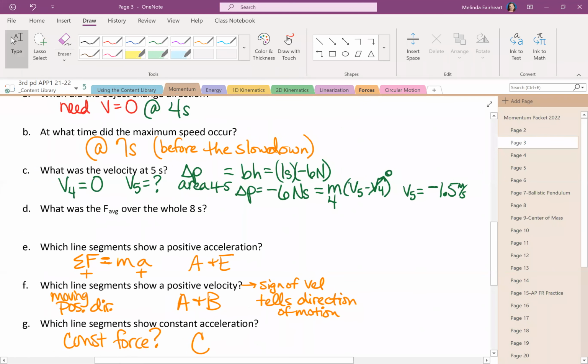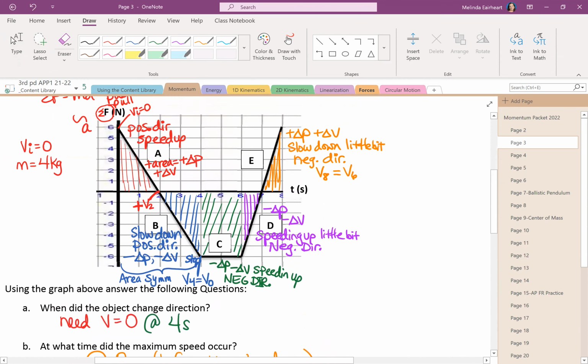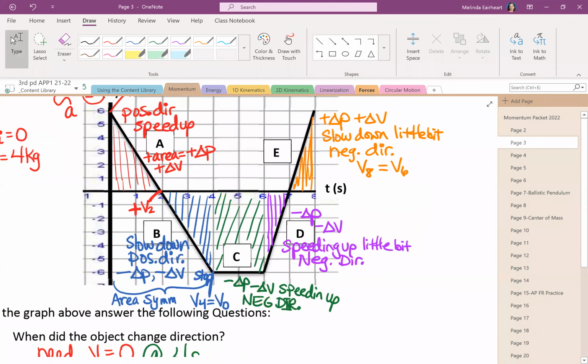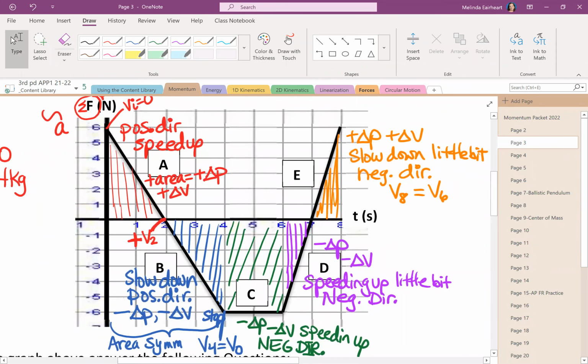All right, one more and then we'll do some vector type questions. D, what was the average force over the whole 8 seconds? Let me go back to the graph here. Gosh, it sure would be nice if it didn't change so much, right?